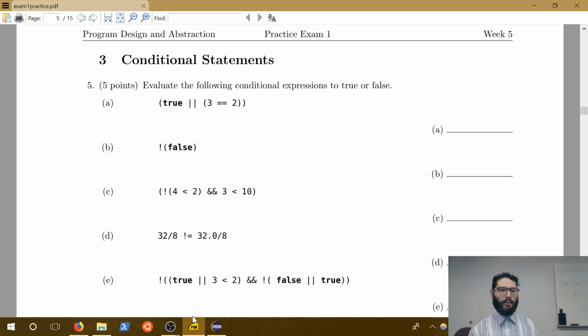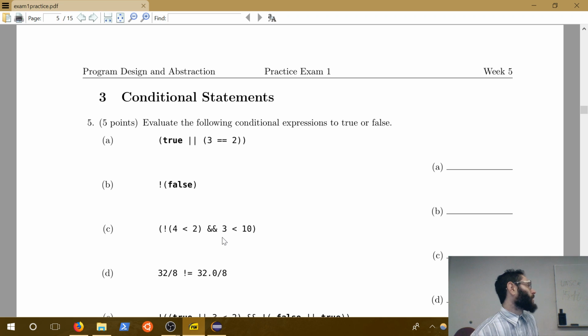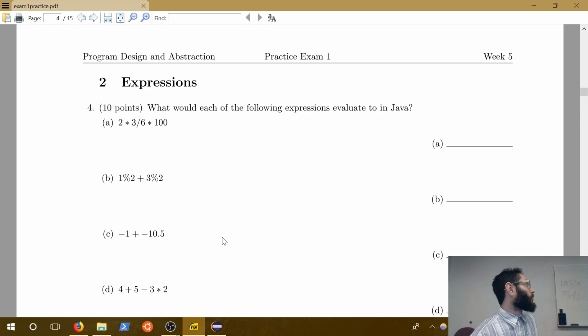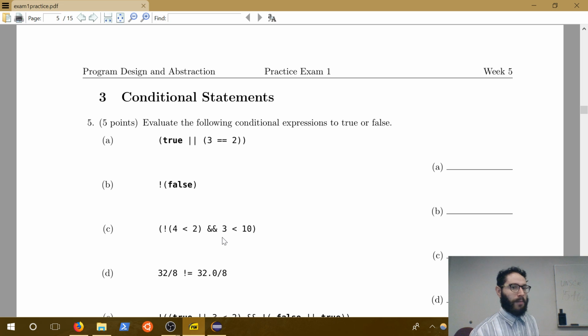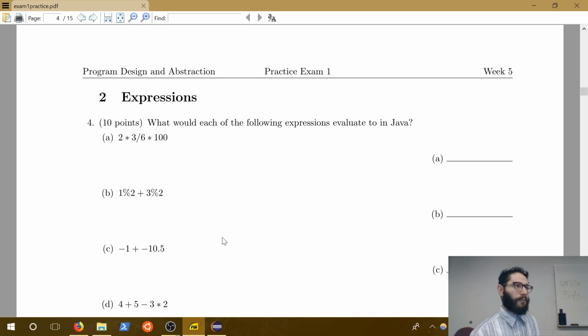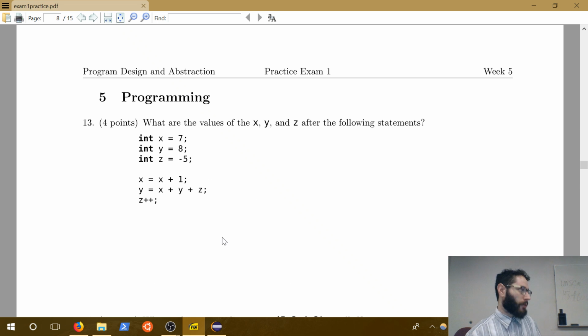All right. So another thing that's going to be on this exam. These are all worth 1 point. You can decide whether you want to solve these first, or skip over to the programming section where the bulk of the points are worth.